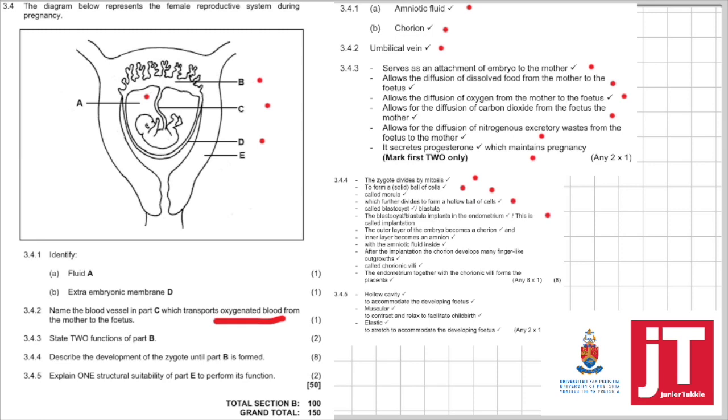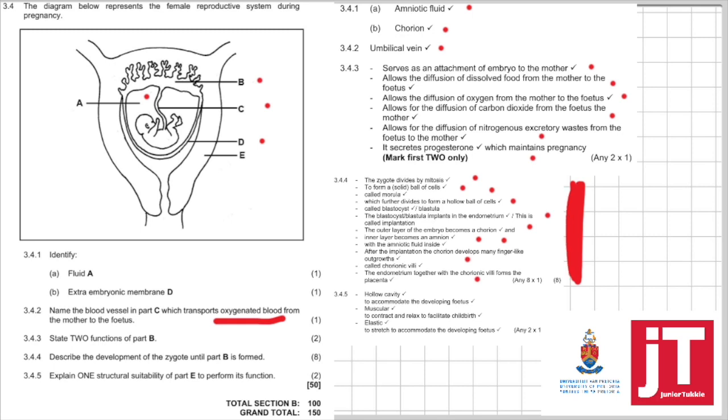The outer layer of the embryo becomes the chorion. The inner layer becomes the amnion with the amniotic fluid. After implantation, the chorion develops many finger-like outgrowths called the chorionic villi. The chorionic villi and the endometrium together form the placenta. Nice question, which is making its rounds again in all the past papers.